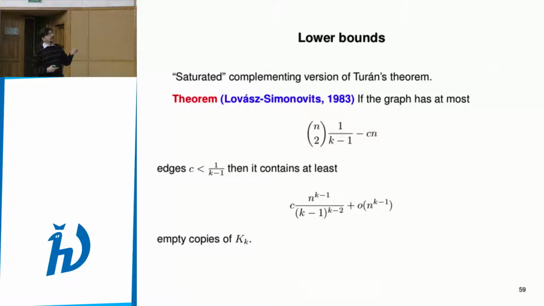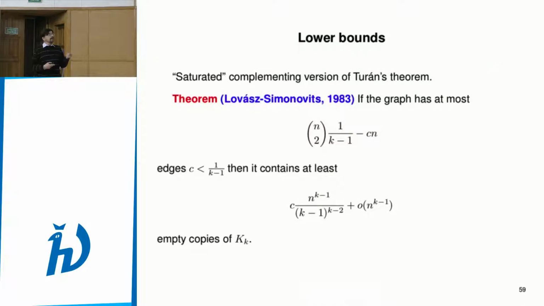So this is the number of edges in the construction. n choose 2, and we have k minus 1 classes. So this is the minimum in the complementing Turán theorem, but we have c times n edges less.